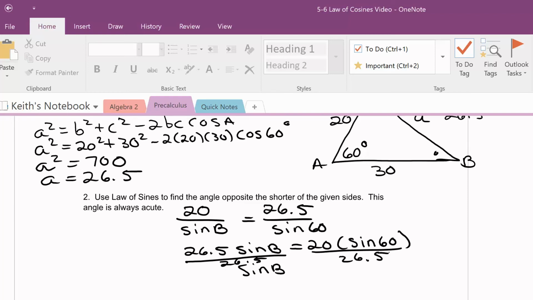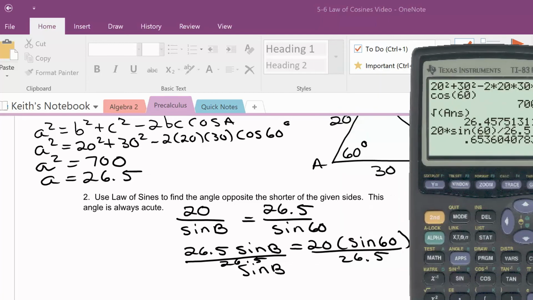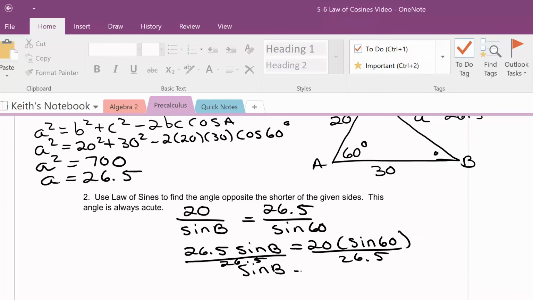So when you type that in your calculator, 20 times sine 60 divided by 26.5, and that gives you 0.654. So sine B is equal to 0.654.